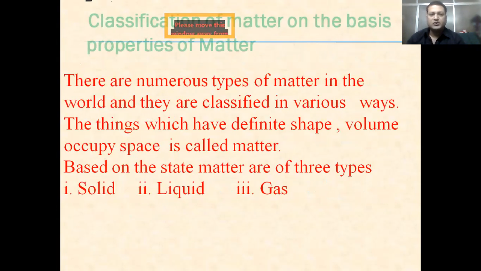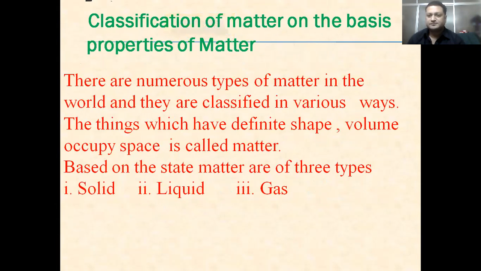Okay, so classifications of matter on the basis of properties of matter. Students, I have one question. What is matter? Yes, it is a very common question, because from junior classes you have learned the definition of matter. So if you want to give the definition of matter, you have to think about what the exact definition is.